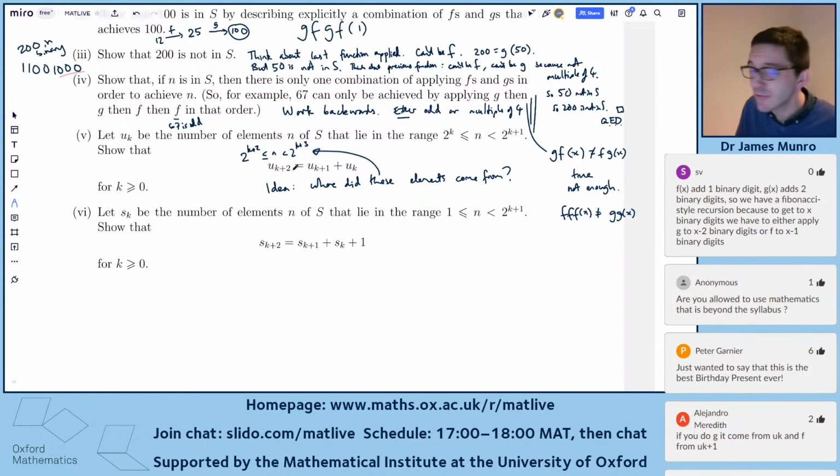I like it when using the previous part of the question is a thing, because it rewards you for following the thread of what's going on. I guess important note, if you skip part 5, if you just ignore part 5 and go on and try part 6, to say, well, I have no idea how to prove this, but I'm going to use it in part 6, that's okay.